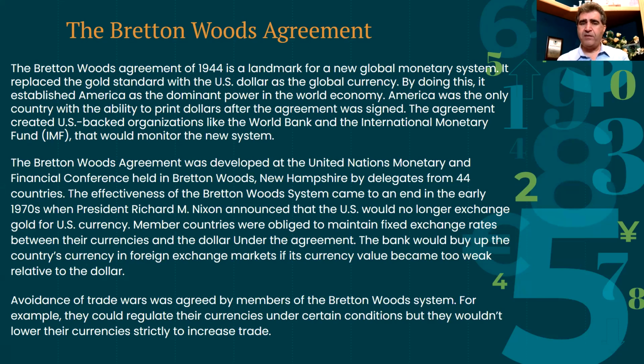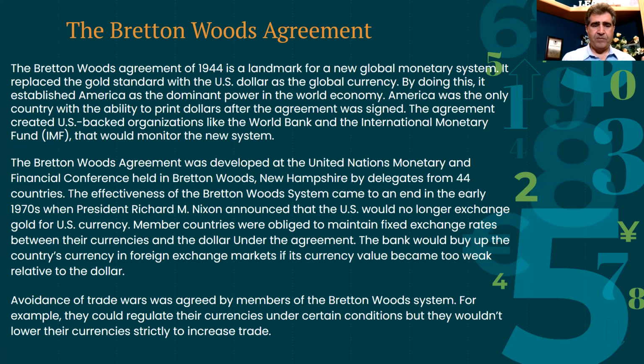Because of that, they then created the World Bank and the International Monetary Fund, the IMF. One was monitoring the world currency, the other was helping the developing countries, for instance by giving loans and financial aid.